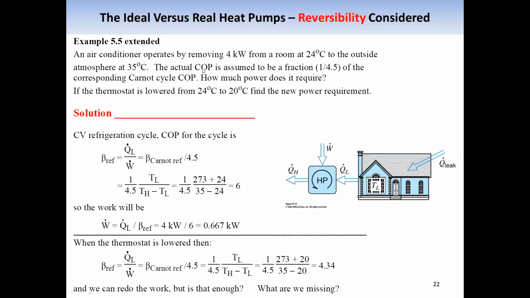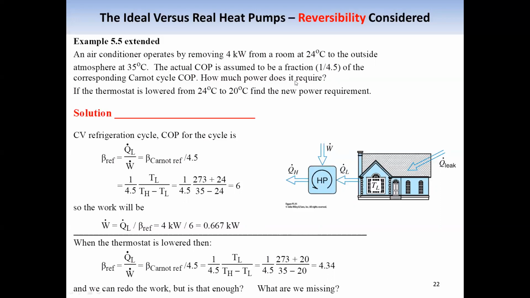Now, we are asked to analyze two non-ideal situations. Number one, if the COP is only a fraction of ideal situation, what will be the power required?